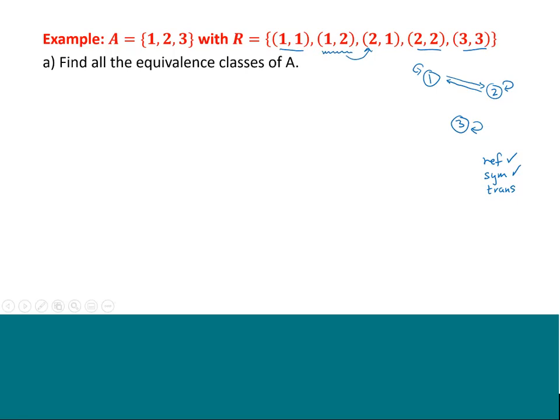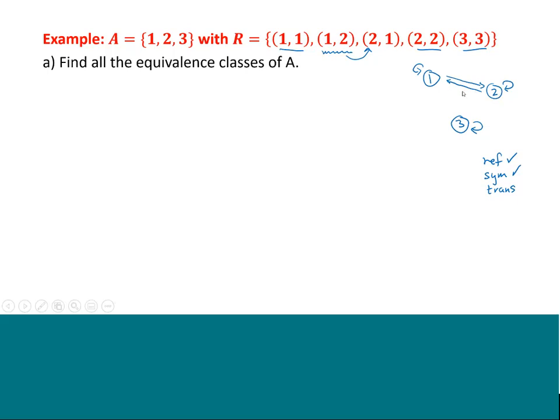I personally find symmetry easier to see in the digraph. Notice here in our digraph, we have loops on all of the vertices. We don't care about those loops. What we do care about is the actual proper arrows that are not loops. We only have arrows between the vertices 1 and 2, and notice we have both of them. Symmetry says if you have any arrow living between two vertices, you need to have both directions.